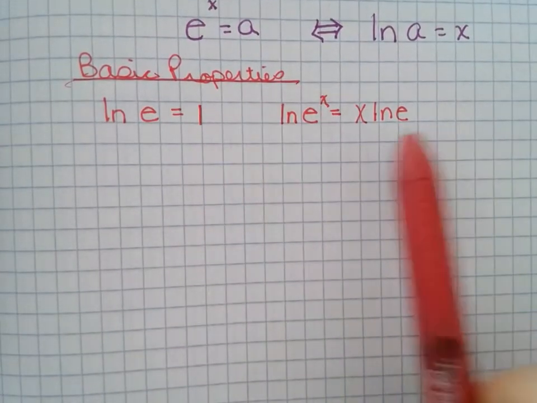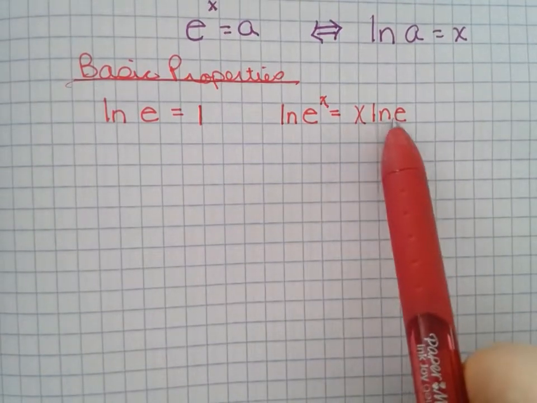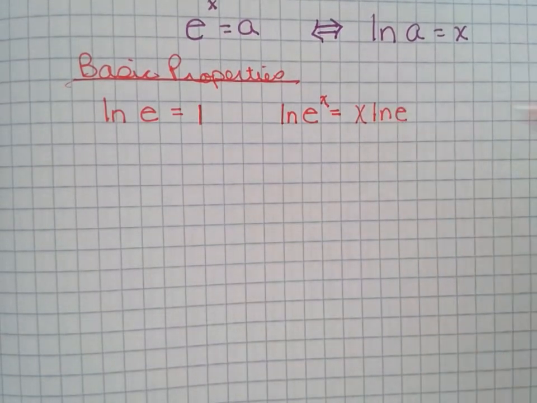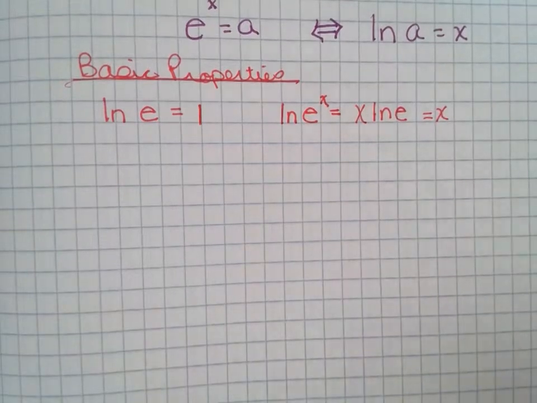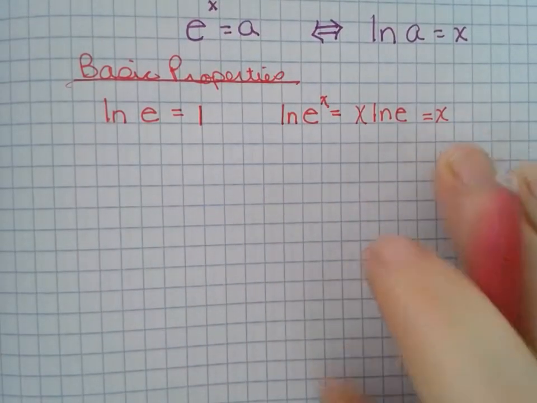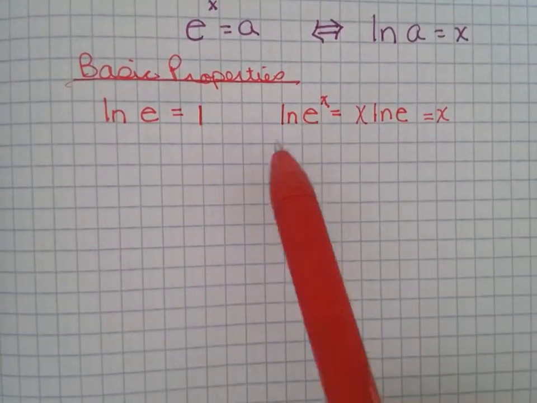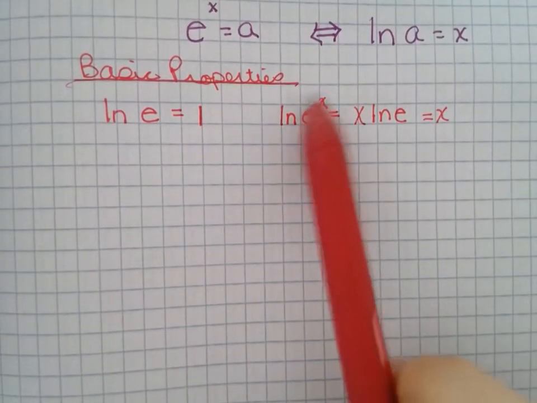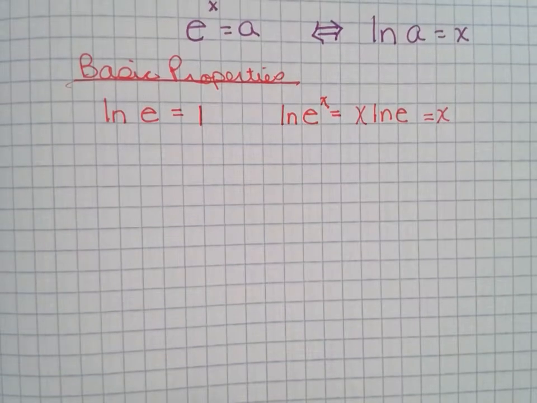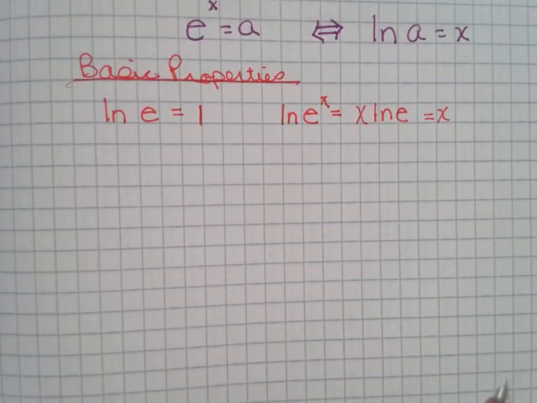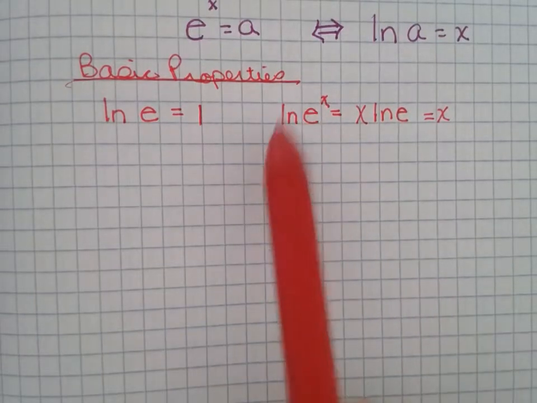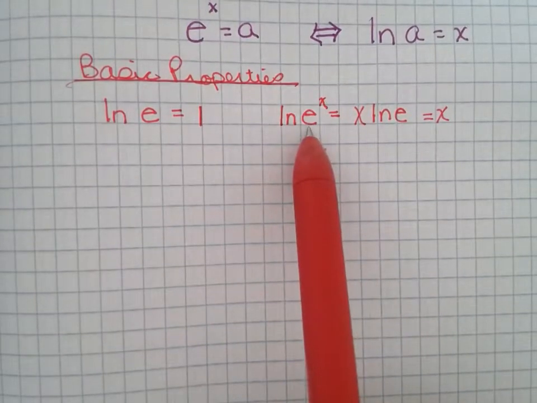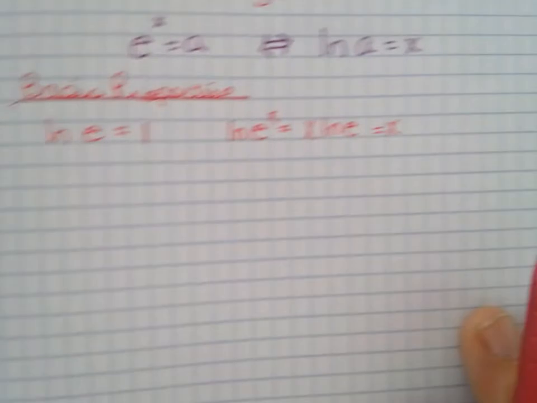Well, what is natural log of e? 1. So this is just equal to x. So that's mathematically how it actually works out. The way I like to think about it is the natural log and e cancel each other out to a 1, and there's nothing to hold the x up, so it falls down. Okay, so that's another basic property.